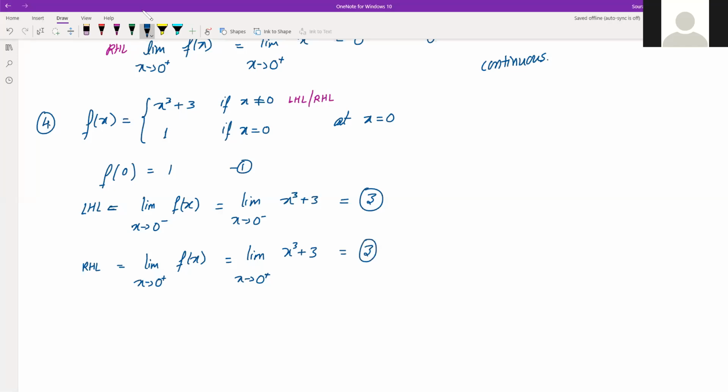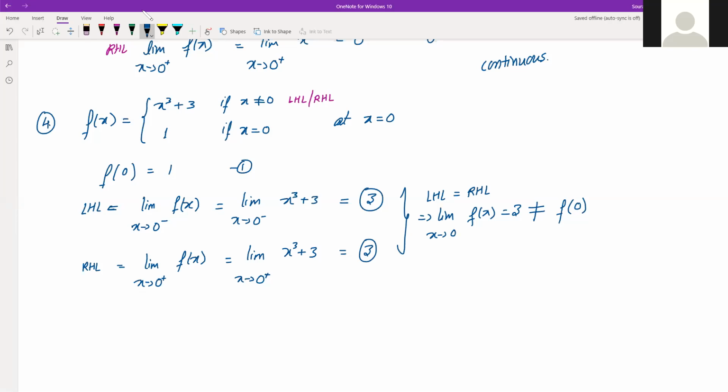So what do we see here? The limit exists; LHL is equal to RHL. So the limit when x tends to 0 of f(x) is equal to 3. But that is not equal to f of 0, which is equal to 1.